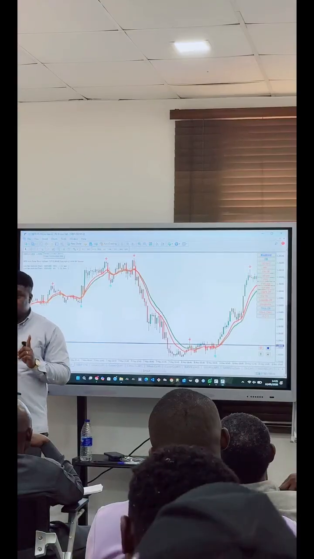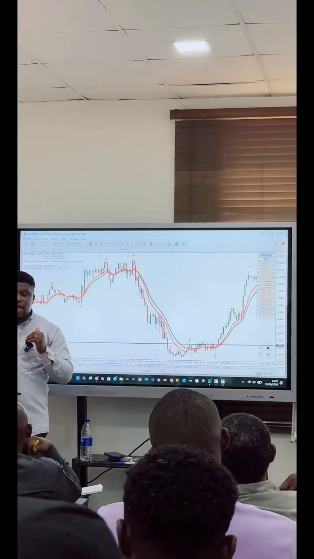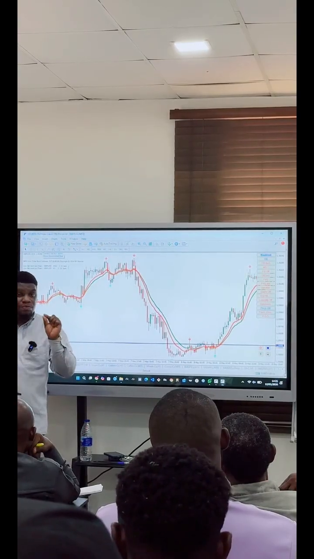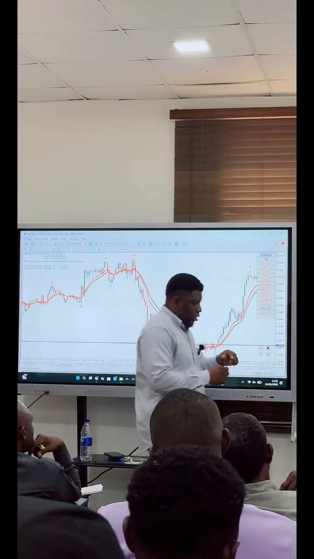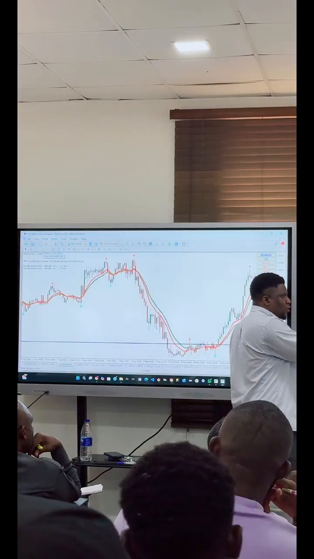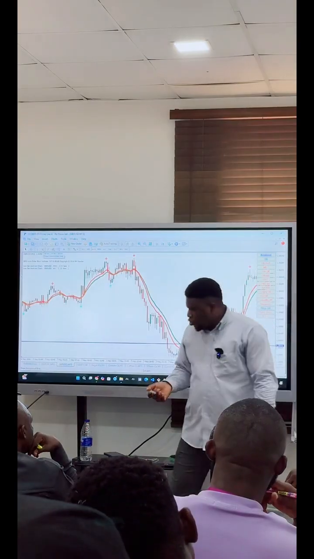Now for 0.01, for every 1 pip that price moves, price movement is measured in pips. P-I-P-S. Did you do pips today? You did already? Good.